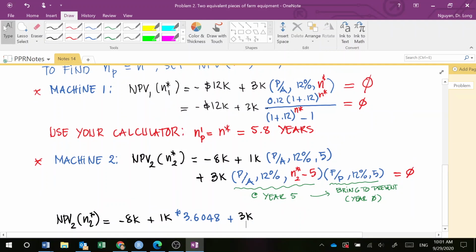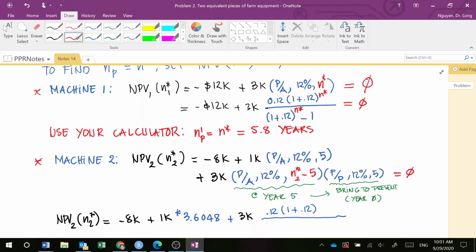So we can have that factor equal to 0.12, 1 plus i, 0.12 over n, in this case n star 2 minus 5.